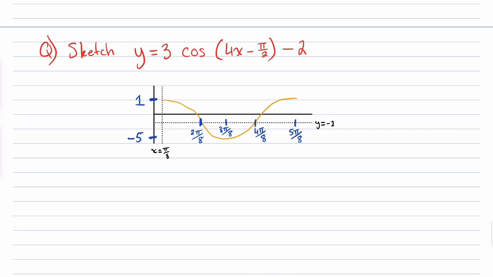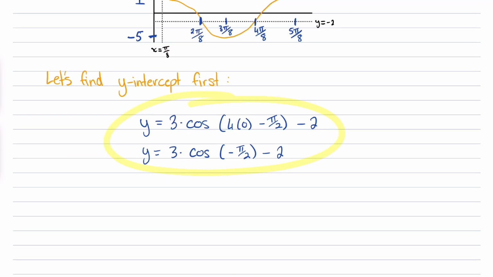All right, so this one was a little bit more complicated. We've got a trig function, and what I didn't do in my last video, I didn't find the y-intercept in this case. So let's start with finding the y-intercept first. To find the y-intercept, obviously I have to let x equal 0, which I've gone and done. That leaves me with 3 times cos of negative pi on 2. I'd have to evaluate negative pi on 2 without a calculator.